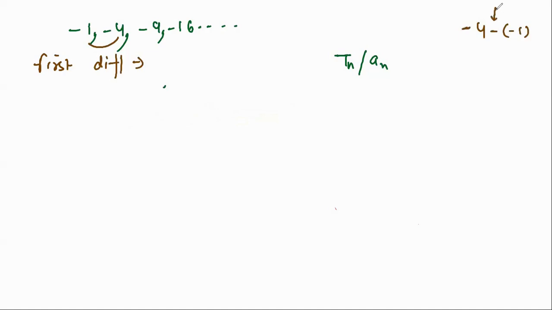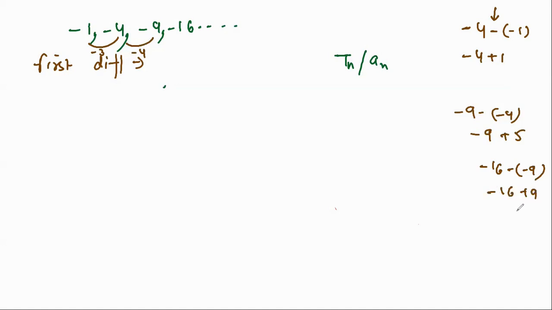Next term minus previous term, and the previous term is already negative, so when I open the parenthesis it becomes +1, so -4 plus 1 is -3. Then -9 minus -4 is -9 plus 4.